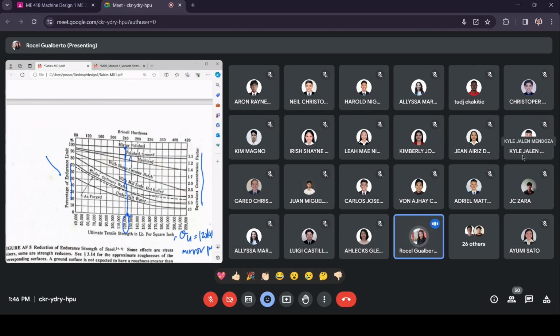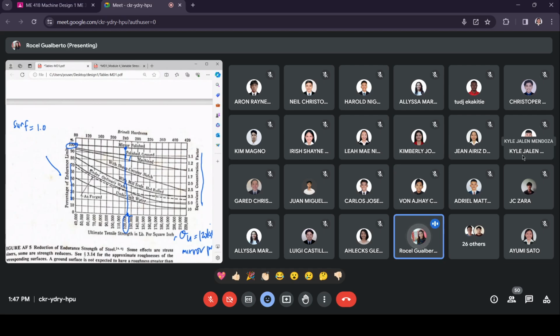You have there the point, the intersection, and you take its reading on the left. That's equivalent to 100%. So you take the decimal equivalent, which would be equal to 1. This would be your surface factor.